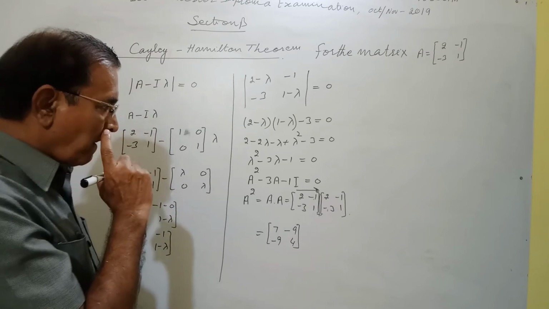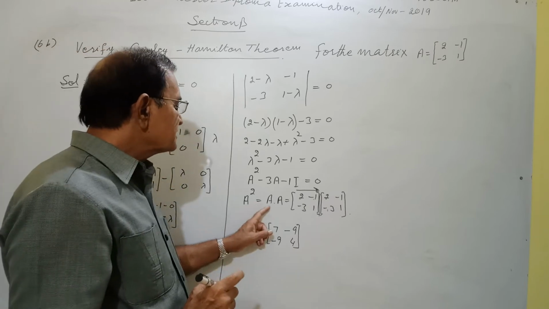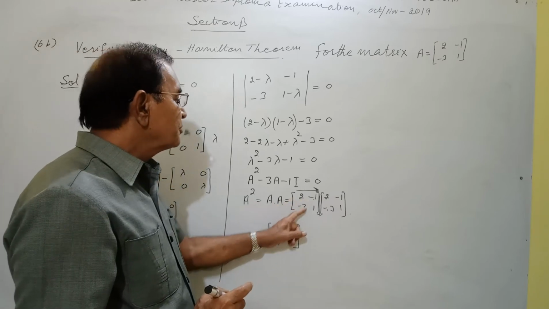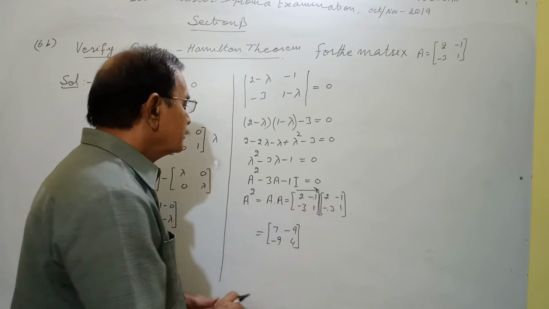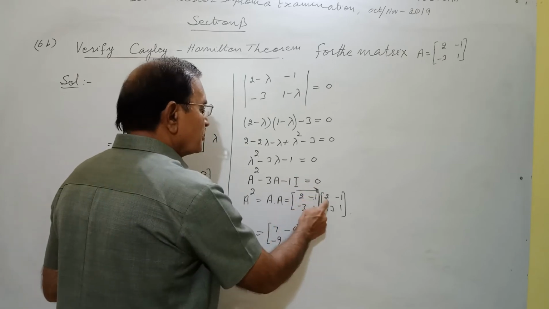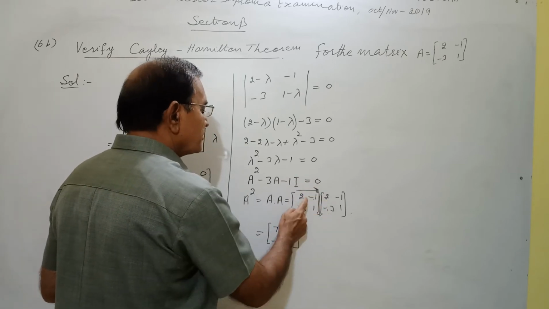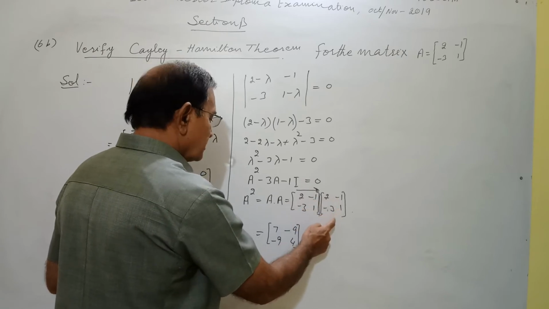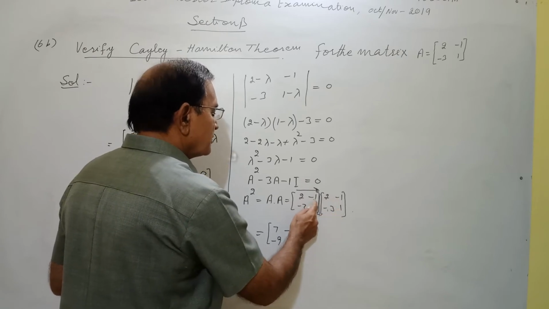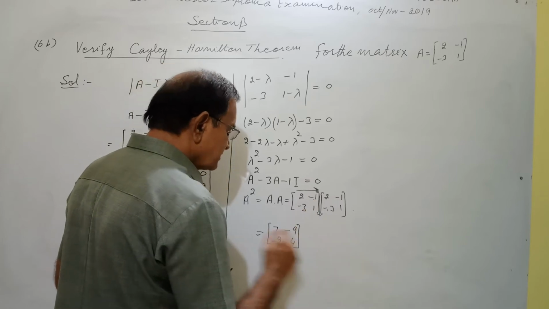See it once again. A square is A into A, 2 minus 1 minus 3 1, 2 minus 1 minus 3 1. So then multiply: 4 plus 3, 7, minus 2 minus 1. See this product once again.